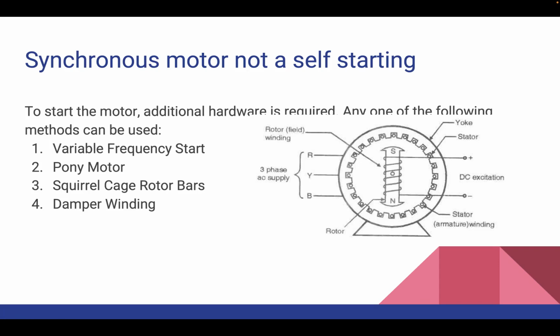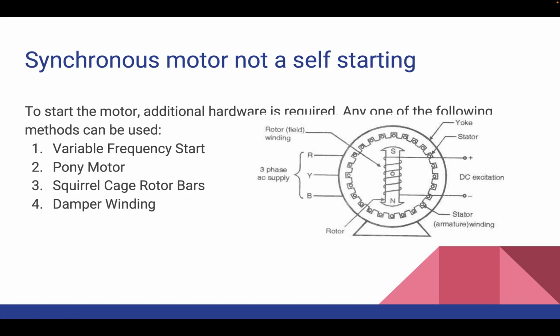So initially, when a three-phase supply is connected to the stator, the motor starts as an induction motor, and once the synchronous speed is reached, DC excitation is applied to the rotor, allowing the motor to continue running at synchronous speed. So these are the four methods that we saw to start the synchronous motor.